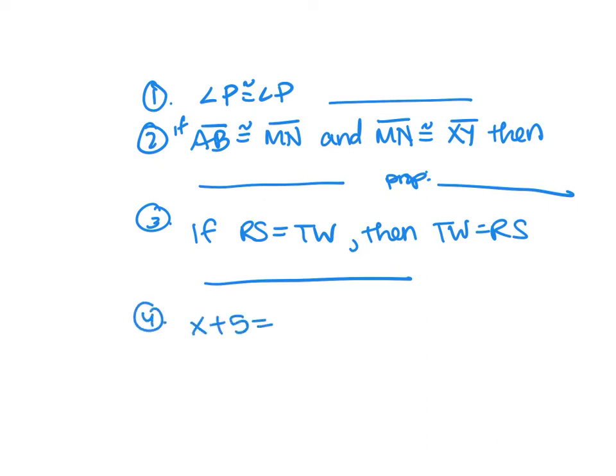x plus 5 is equal to 16. Then x equals 11, and name that property.